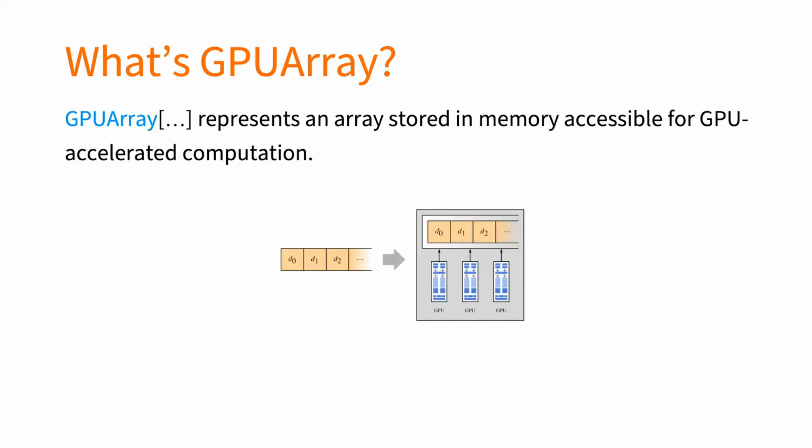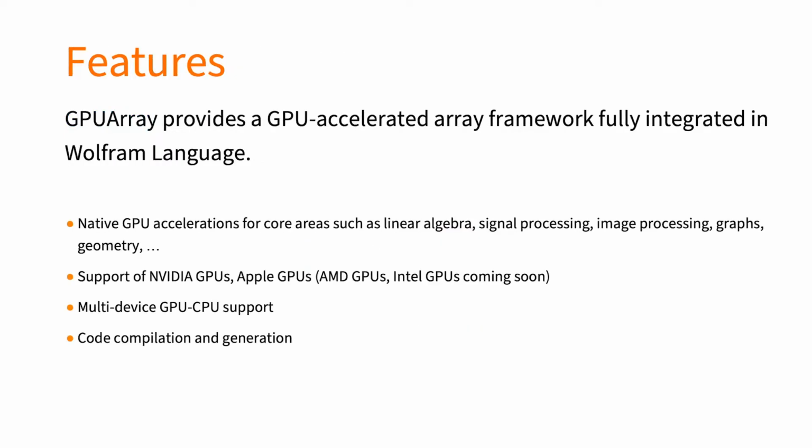In version 14.2, we introduced GPUArray, which represents an array stored in memory accessible for GPU-accelerated computations. It automatically manages memory and transfers data appropriately between CPU and GPUs. GPUArray offers a comprehensive GPU-accelerated array framework fully integrated within the Wolfram Language.